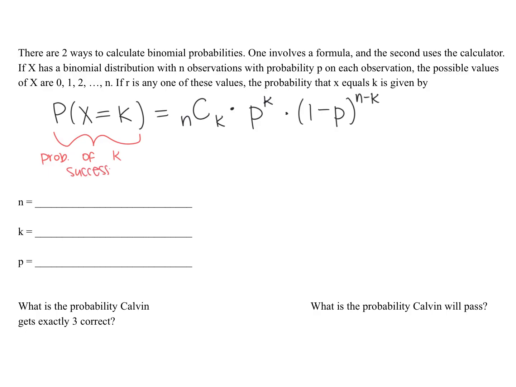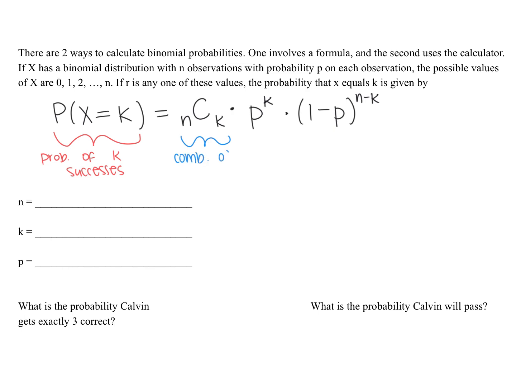So you're talking about how likely am I to get this many correct. NCK takes care of all possible combinations of this happening.